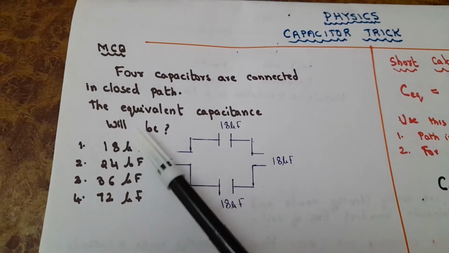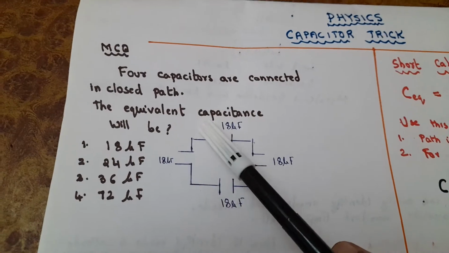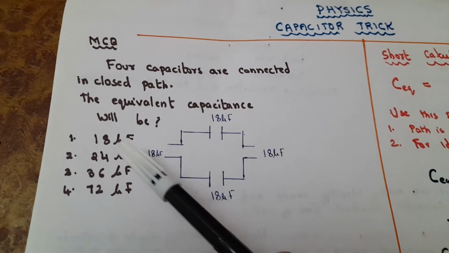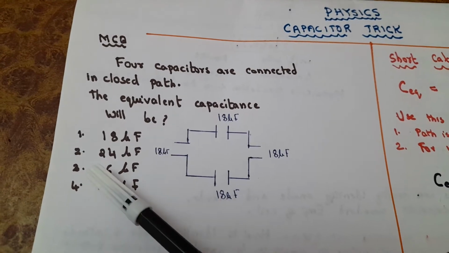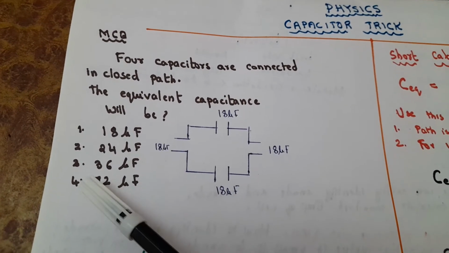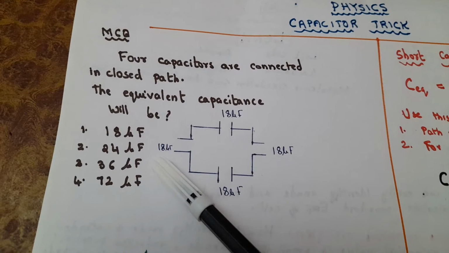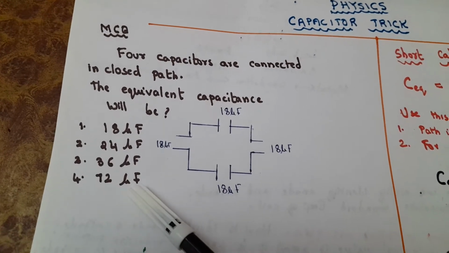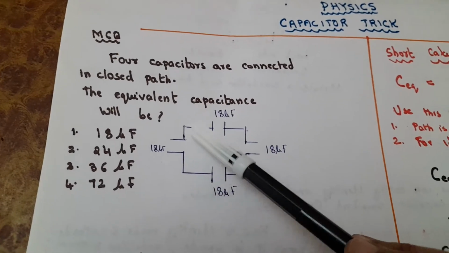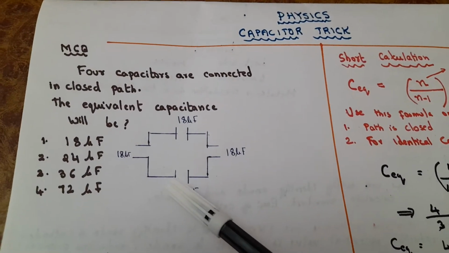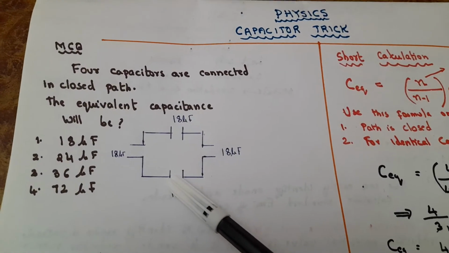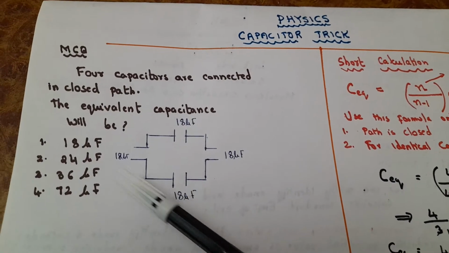You have to find the equivalent capacitance. You have 4 options given. The first is 18 μF, the second is 24 μF, the third is 36 μF, and the fourth is 72 μF. To solve this sum, you have a very easy formula in which you can substitute and find the solution.